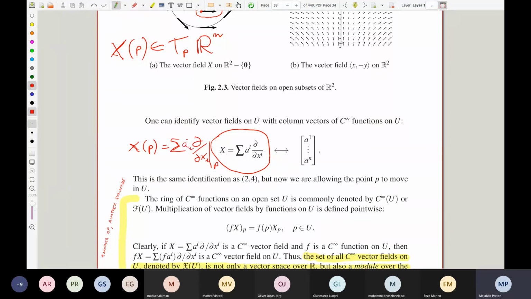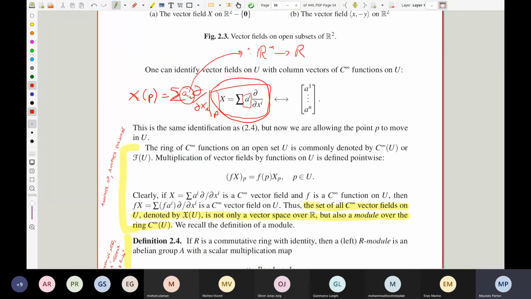And this means that when the point P is changing, these a_i are functions from Rn to R. So at the end, a vector field is just given by a linear combination where the coefficients are functions, not just numbers. When you compute them at a point, then they become numbers.